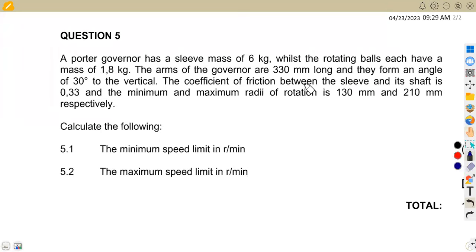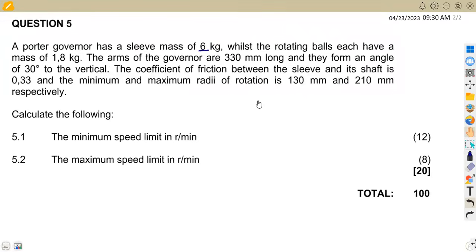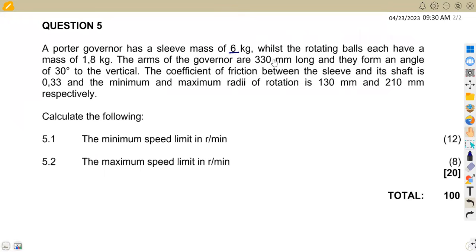So we've got the mass of the sleeve in this case, which is our dead central load mass, which is our capital letter M, that is 6 kgs. Also we are given that the rotating balls have a mass of 1,8 kg.